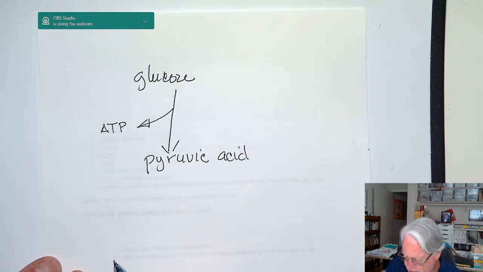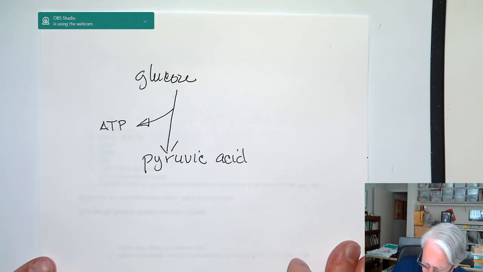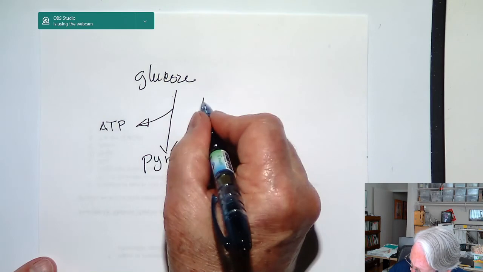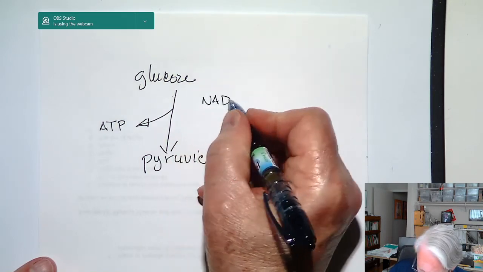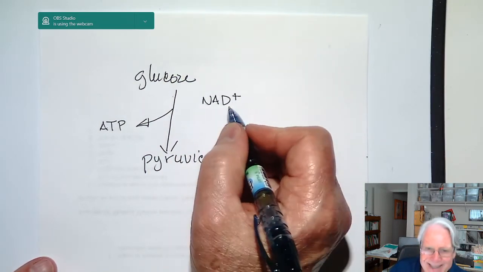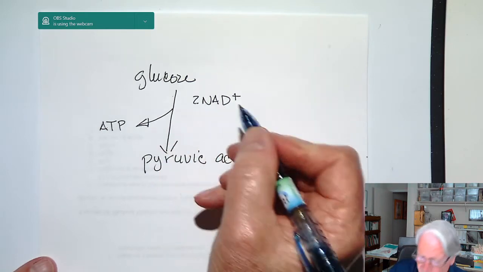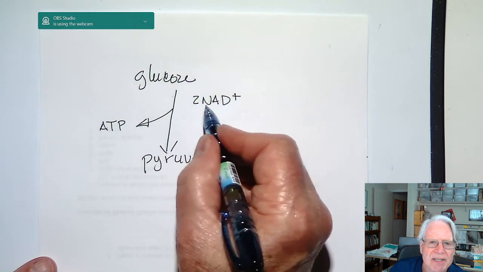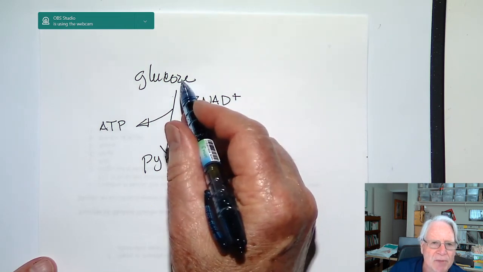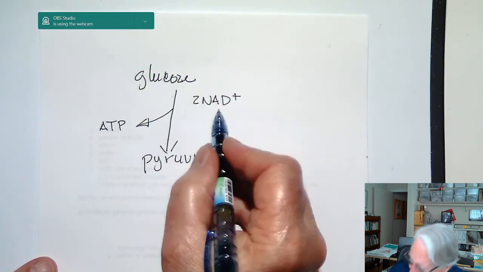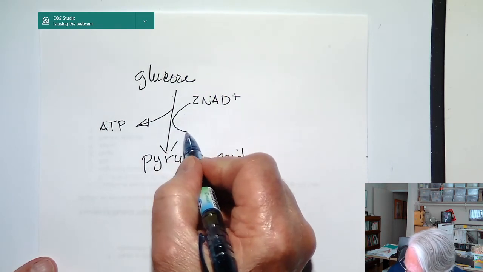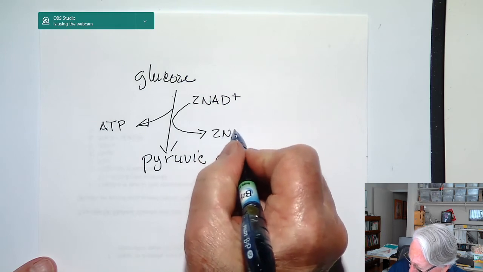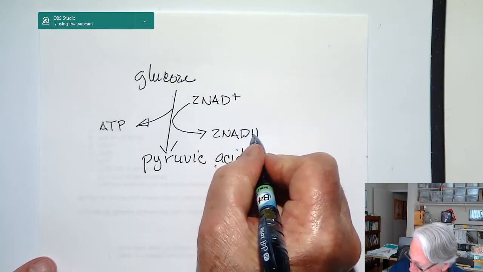But there's something I didn't add in that first drawing, which is that in order for this reaction to go forward, I need another molecule which has this name to it, NAD+, and I need 2 of those. And what's going to happen is I'm going to convert this molecule, when I convert glucose into pyruvic acid, I'm going to convert that molecule into this molecule, 2NADH.